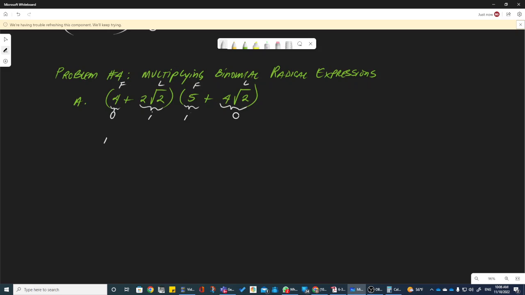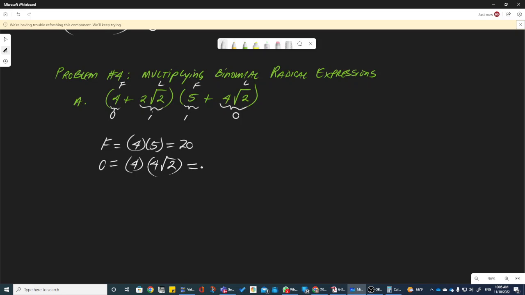Okay, so the first is equal to 4 times 5, and that is equal to 20. The outer is equal to 4 times 4 and the square root of 2. When you have that case, you multiply the numbers first.